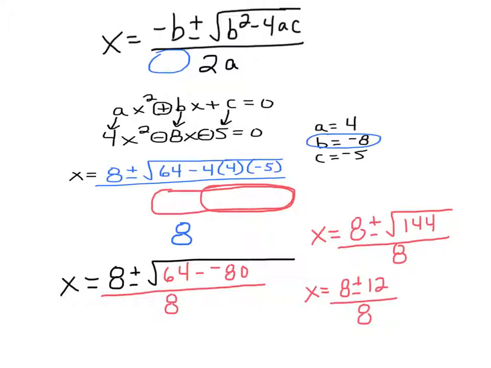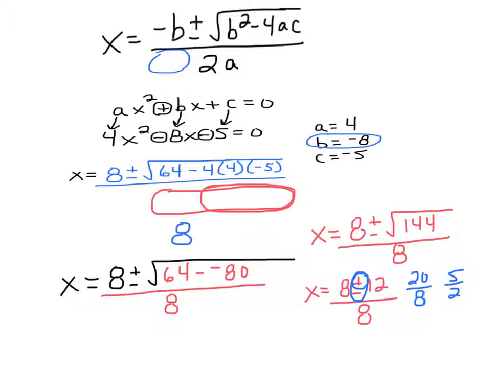Now remember, it's possible to have two different answers here, and that's why I have the add or subtract. If it is 8 plus 12, 8 plus 12 is 20/8ths. And if I reduce it to lower terms, I get 5 halves.